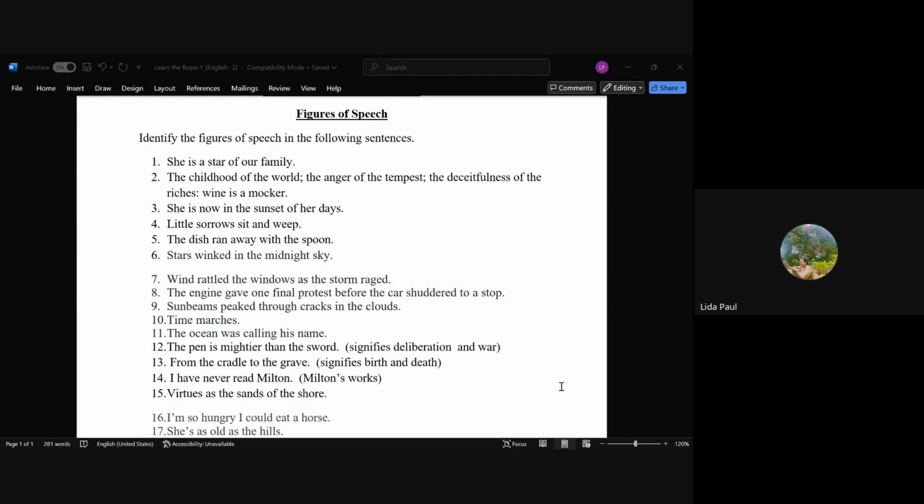Now look at this one carefully. The hint also says signifies deliberation and war. Pen is mightier than the sword. Signifies. So what signifies what here? The pen signifying deliberation and the sword signifying war, right?